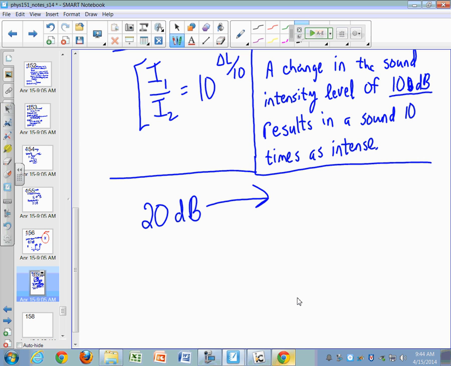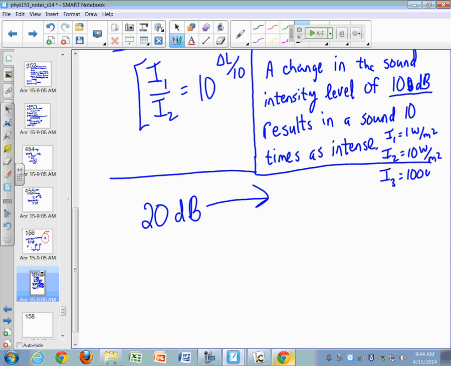So let's say that our initial intensity, I1, was 1 watt per square meter. And then I increase the sound by 10 decibels. And so the new intensity, I2, is going to be 10 watts per square meter. So it increased by a factor of 10. And then if I increased it by another 10 decibels, if I increase 10 by a factor of 10, what is that? 100.